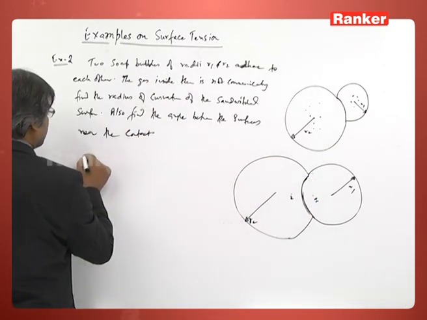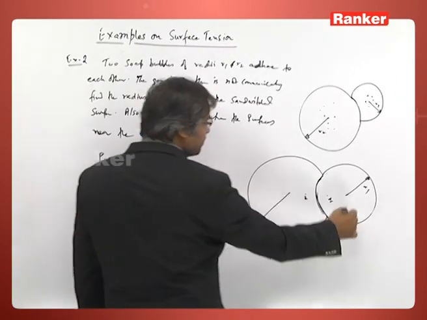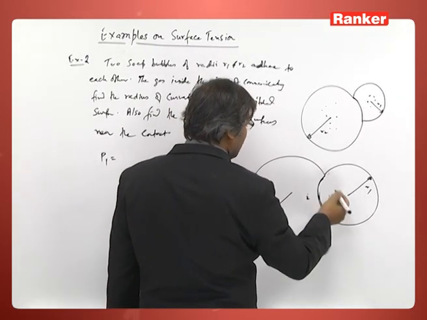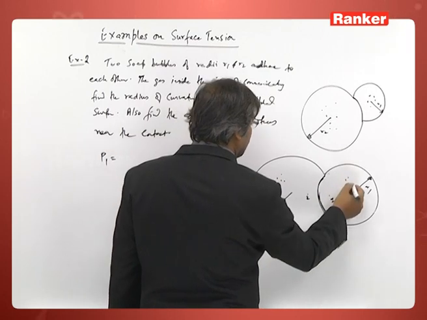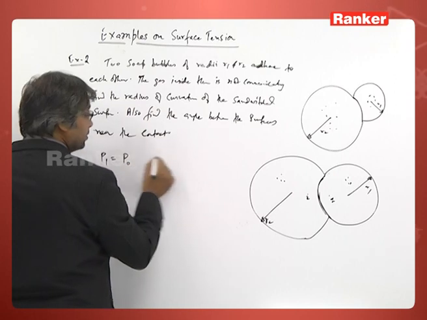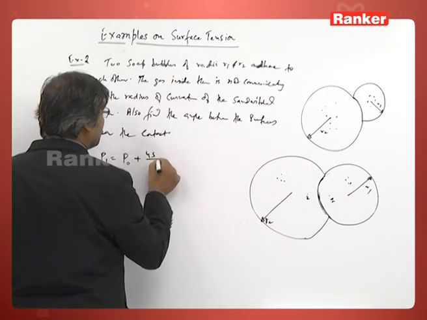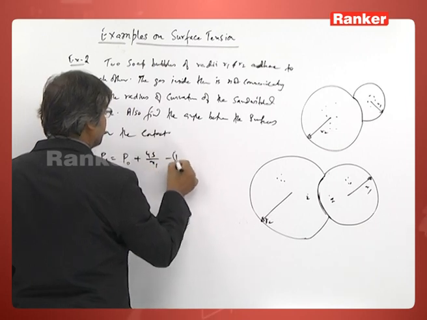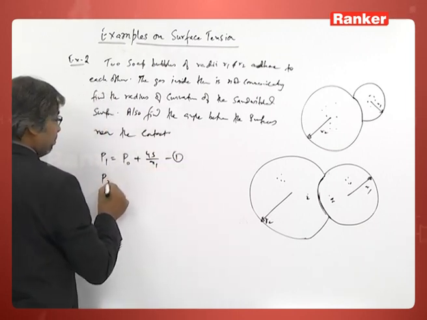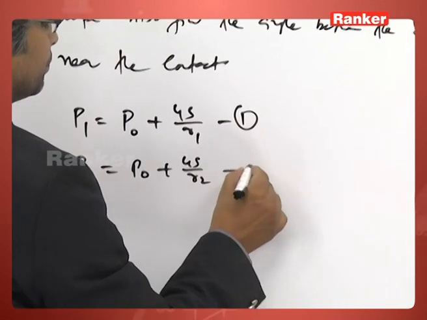So let us first find P1. This is a bubble with air inside and outside. The pressure inside bubble 1 is P1 equal to P naught plus 4S by R1, and P2 is equal to P naught plus 4S by R2.